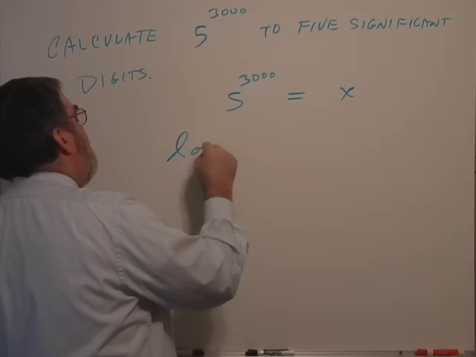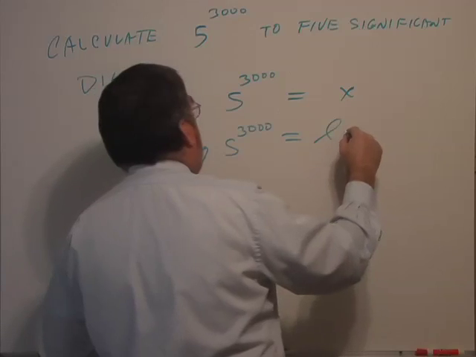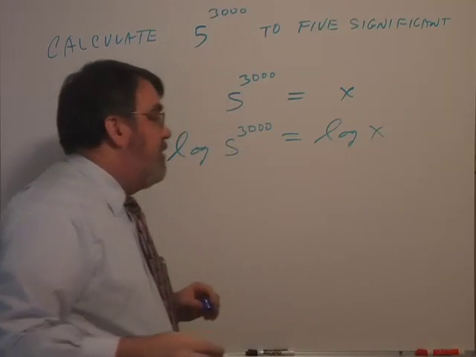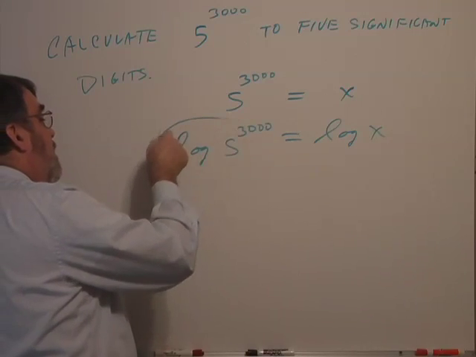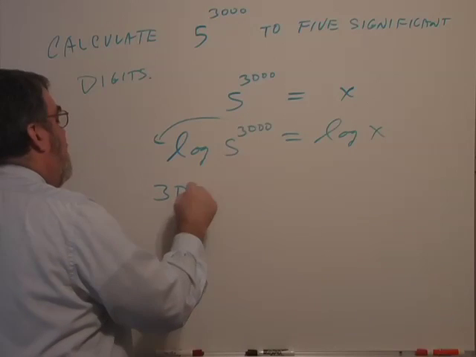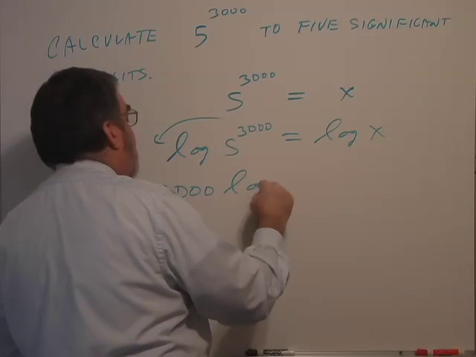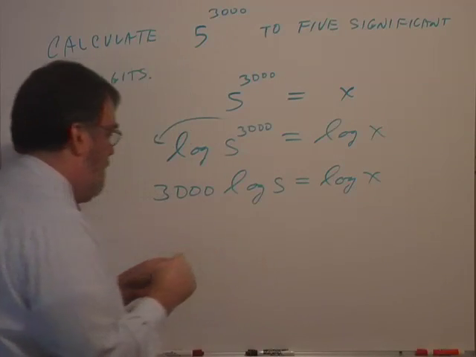The log of this number is the log of x. All right? And then the power rule says that we can rewrite this by taking the 3,000 to the front. 3,000 log 5 equals log x.